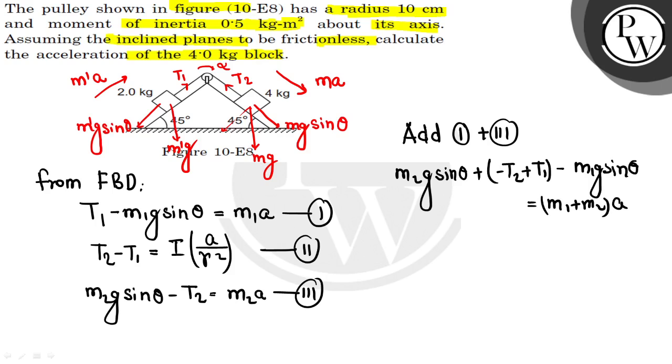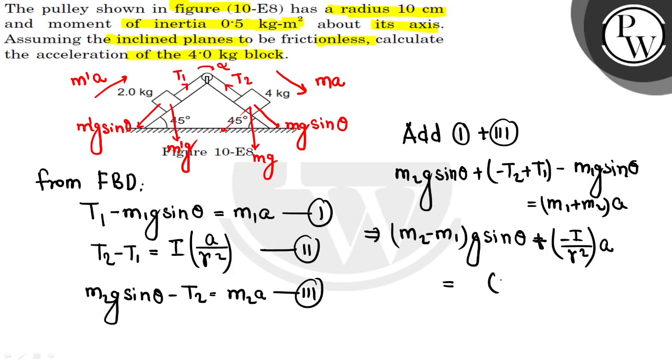On solving this equation, we are getting m2 minus m1 multiplied by g sin theta, plus for this part, it will be minus of I divided by r square multiplied by a, and this is equal to m1 plus m2 multiplied by a.